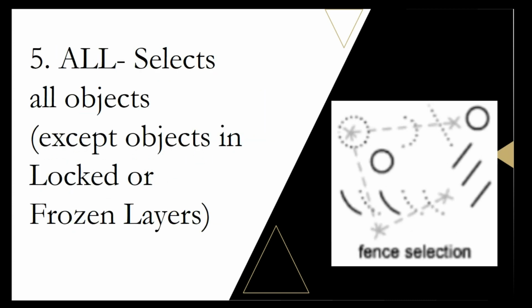Okay. Next. All. Select all objects except those in a locked or frozen layer. So, pag may frozen layer tayo, hindi yun maseselect. Okay. I will discuss about frozen layer in the next lesson. Kasi may topic tayo about layers. Pero pag sinabi kasing layers, bibigyan mo ng designated names yung bawat object.